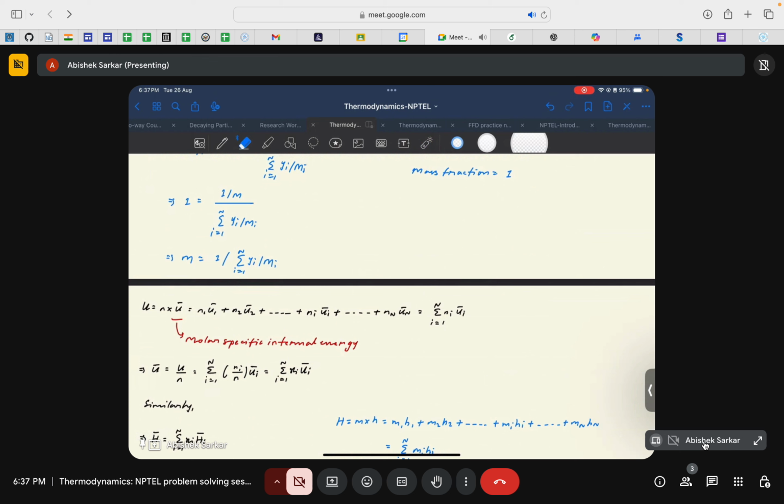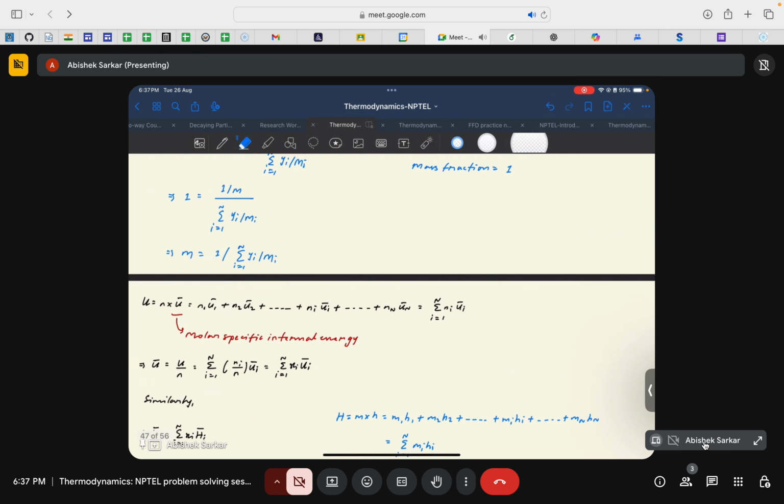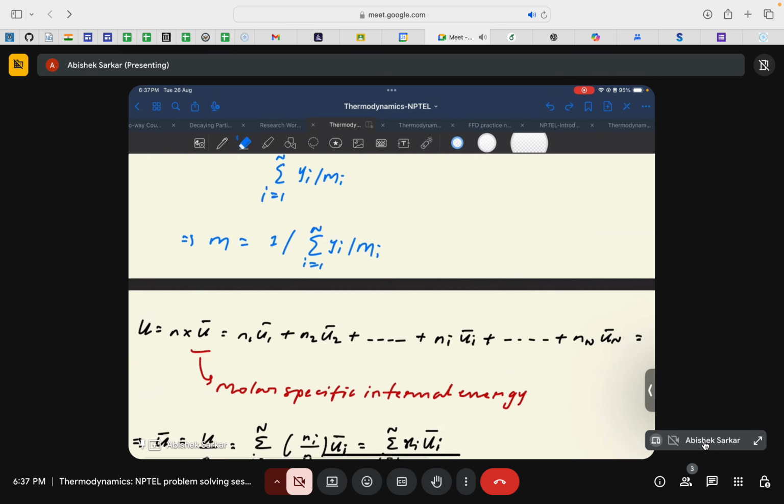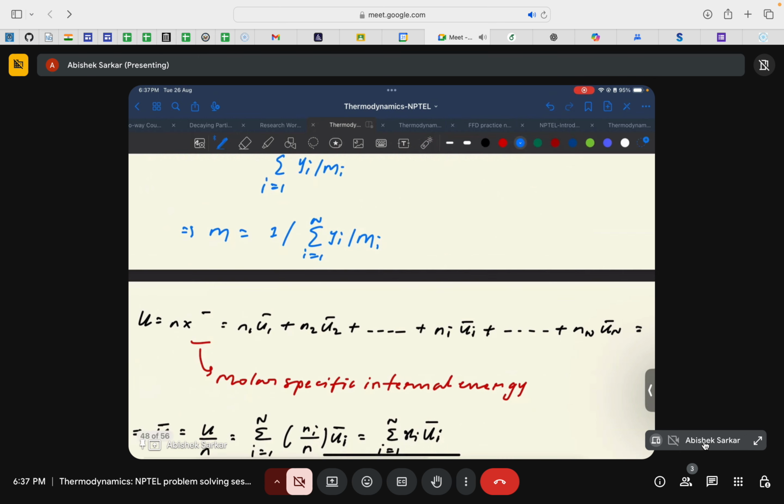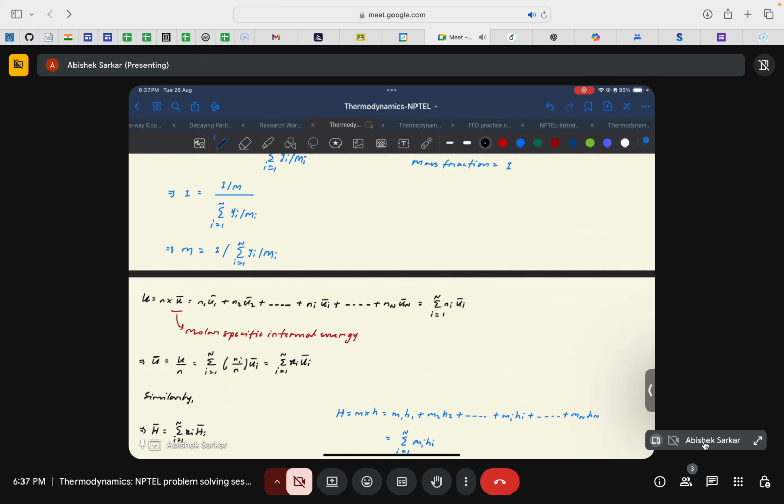I think the notation is a bit confusing, but this should be small u. Sometimes there can be confusion. Similar to the previous case, where in terms of mass we wrote it, we can write it in terms of moles as well.